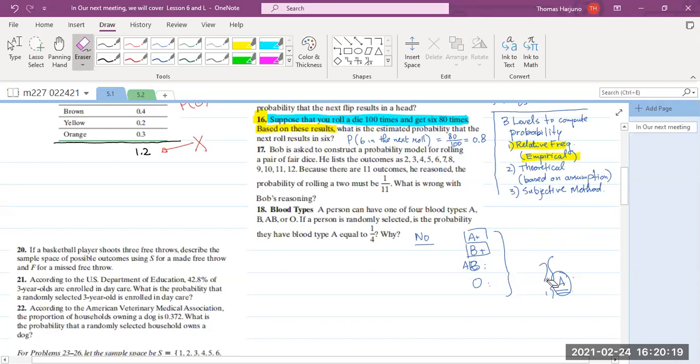In other words, no. Simply because it has four possible outcomes doesn't mean they must be equally likely.